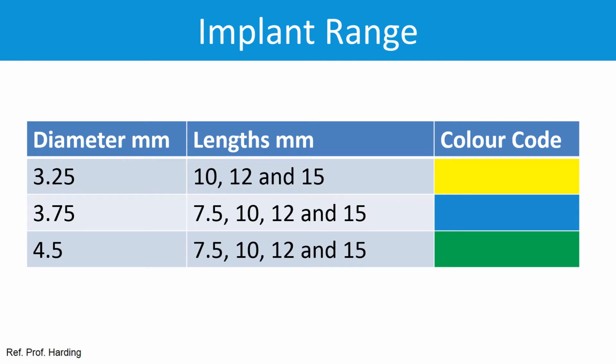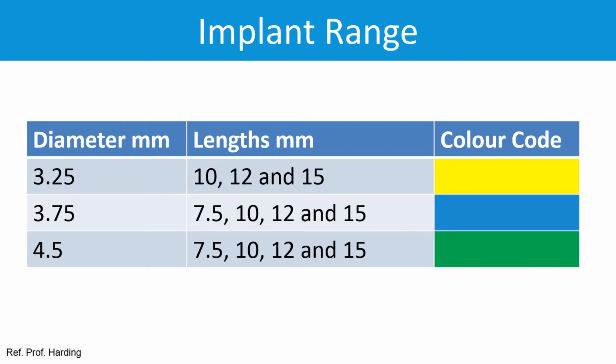Now in my hands, these diameters of implants appear to be the most applicable to a variety or range of different situations and bone widths. That's not to say there's not better sizes or better diameters. Again, this is a choice for the individual surgeon.